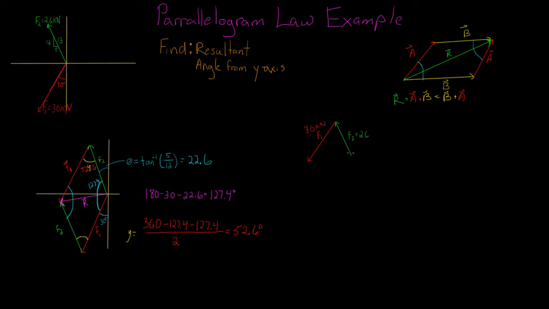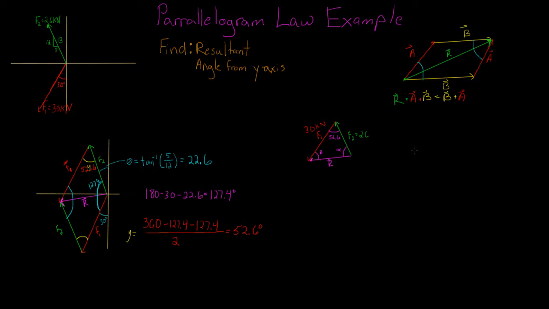And R is going to be what we're looking for. Now, we don't know exactly what this angle is, so alpha is unknown. We don't know what this angle is, so beta is unknown, but we do know what this angle is. So gamma is 52.6.